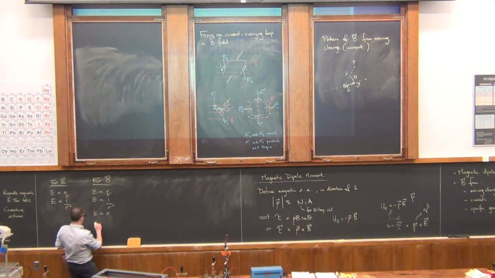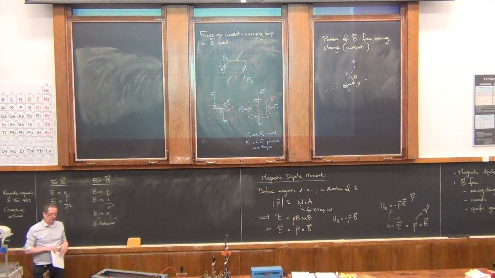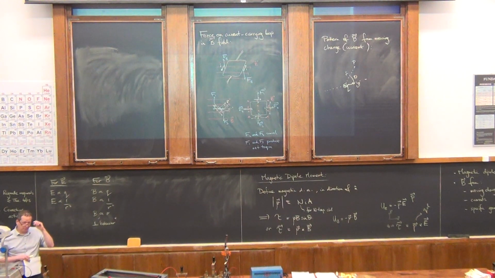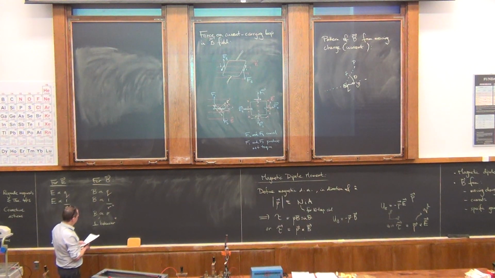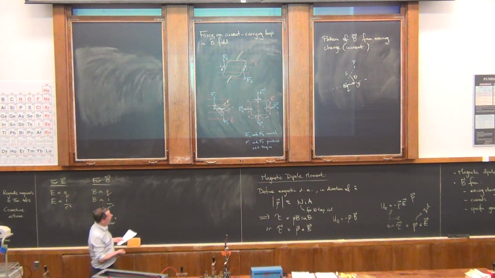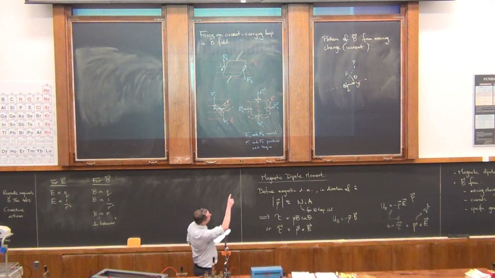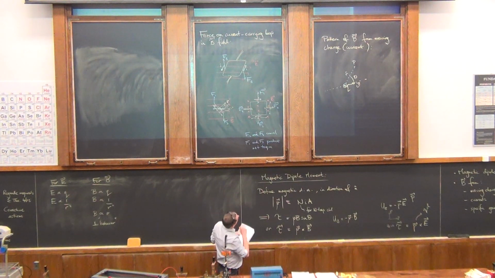How am I going to say this? The perpendicular behavior. Okay, I'm not quite sure how better to synthesize that, but those are the new phenomena that we have for magnetism compared to electricity.